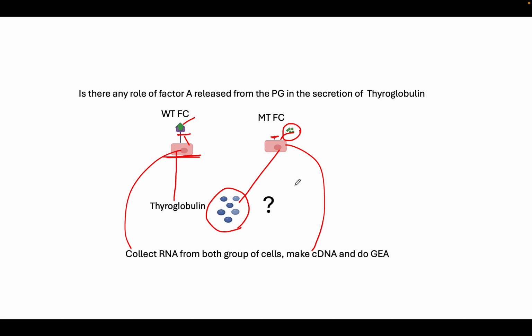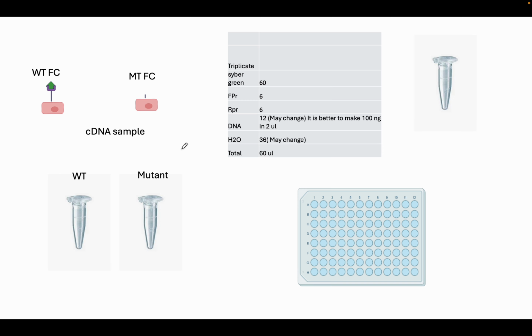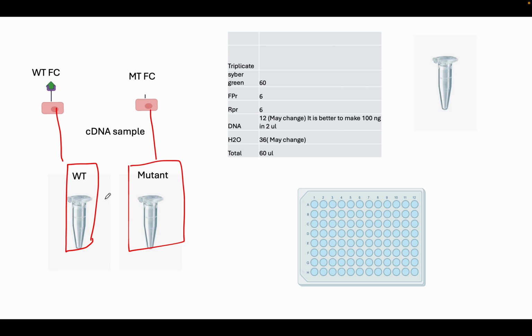Then I will make cDNA from this sample as well as from this sample, and I have also discussed how cDNA is made from the RNA. So now I have collected RNA from the wild type cells as well as from the mutant cells, and I have made cDNA from the RNA.